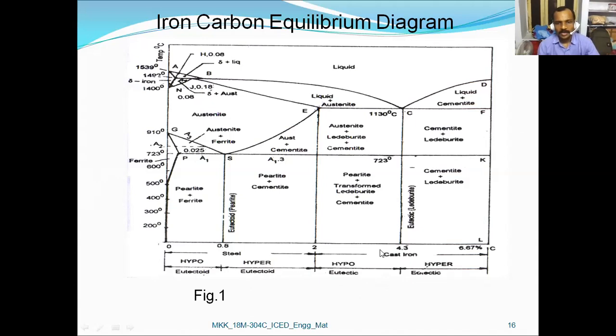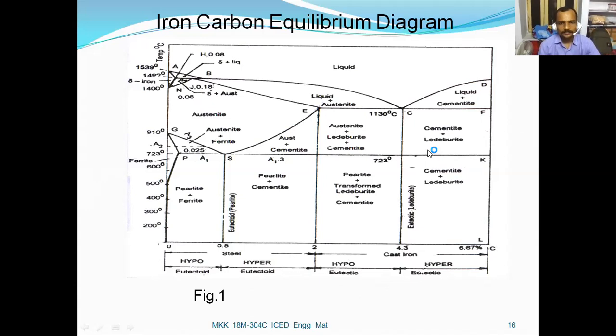And hypoeutectic cast iron, with 2 to 4.3% carbon, has pearlite and transformed ledeburite plus cementite. Next, from 4.3 to 6.67% carbon content is known as cementite plus ledeburite, which is eutectic, hypereutectic cast iron.